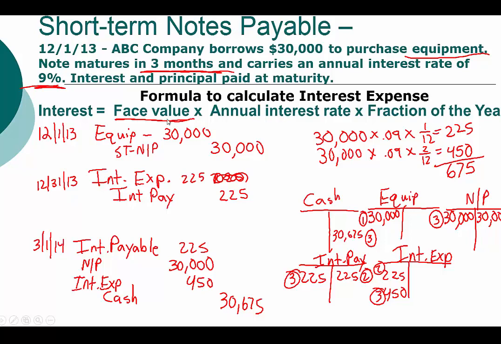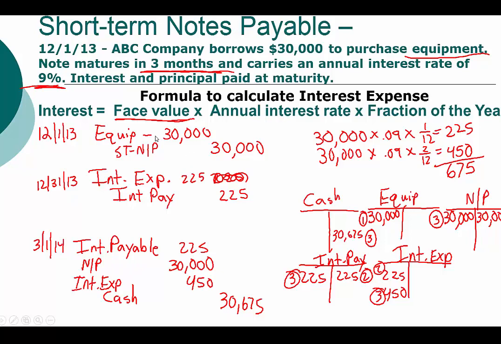The $30,000, again, is the face value. The interest rate does not change, 9%. And then we're picking up the final 2 months. So our interest expense for those 2 months that we recognize on 3/1, because that's the maturity date, is $450. First thing we do is close out the amount that we didn't pay before, the $225.